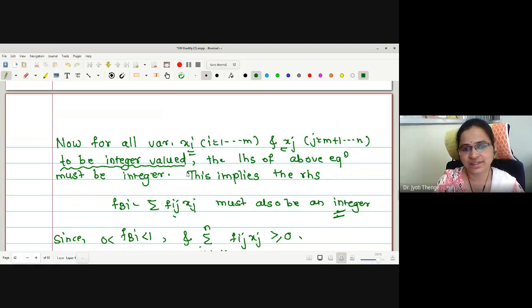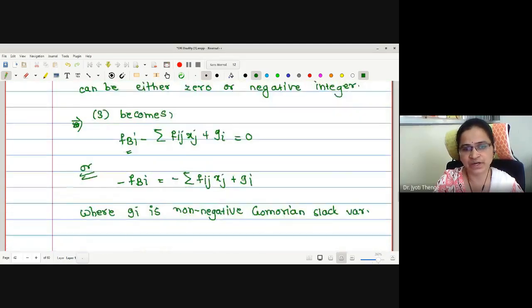Correct? So the constraint equation we have obtained is of this form: minus fbi is equal to minus summation fij xj plus gi, where gi is the non-negative Gomorian slack variable.